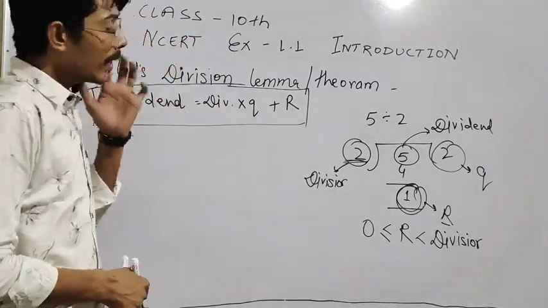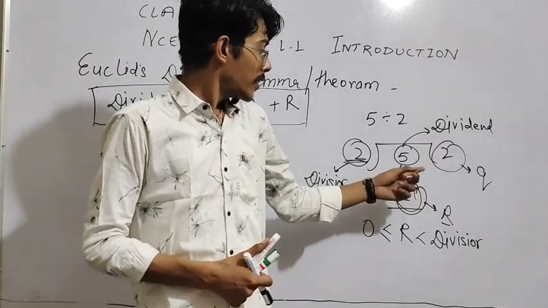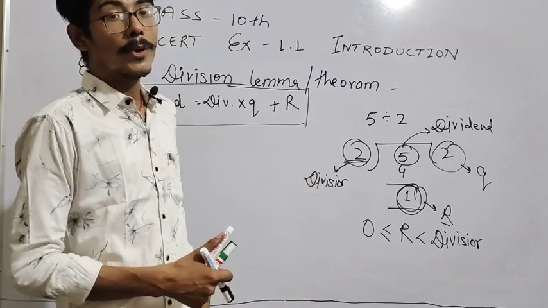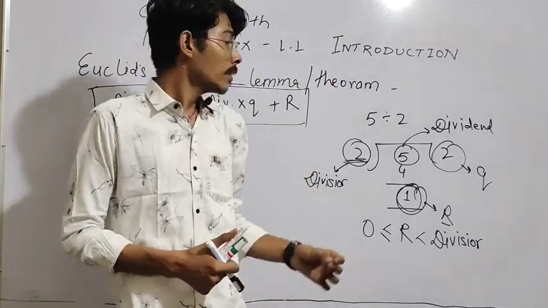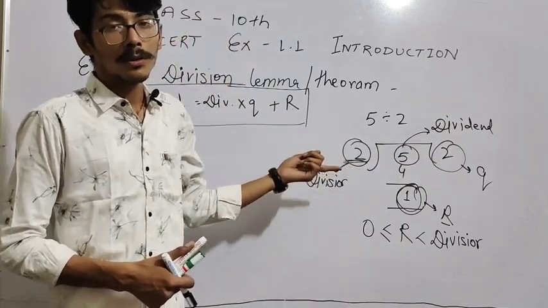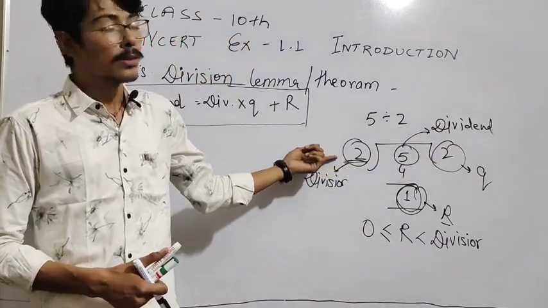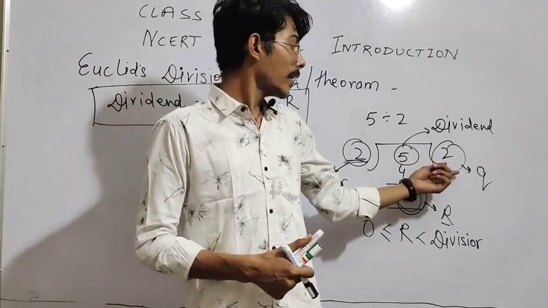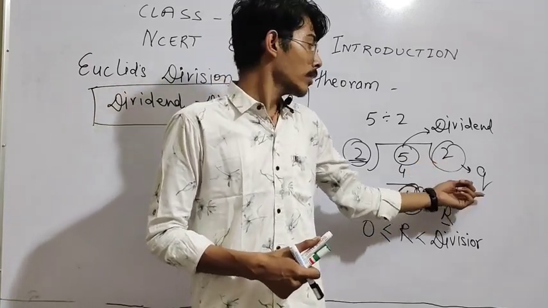Okay, again let me explain. This 5, the number which is being divided, 5 is known as the dividend. The number 2 is the divisor. Here, after doing the complete division, we are getting 2, and this is your quotient.